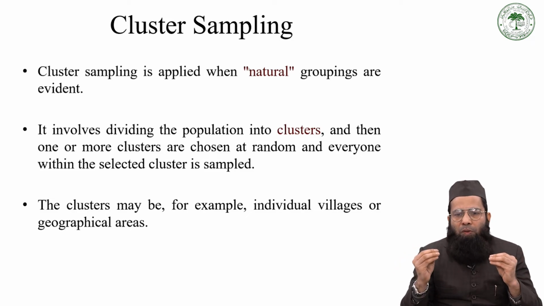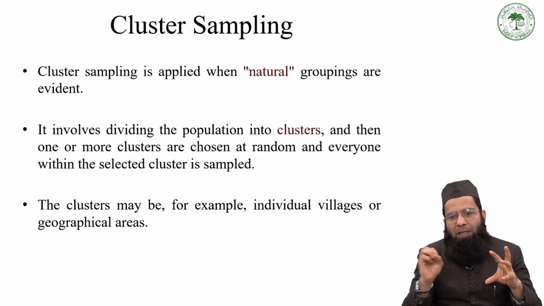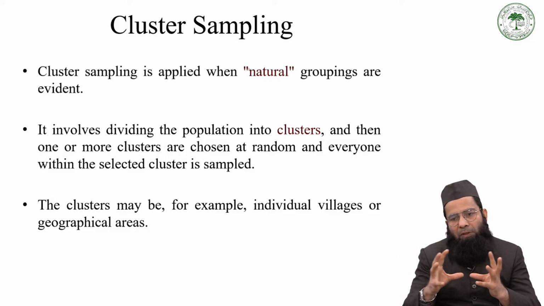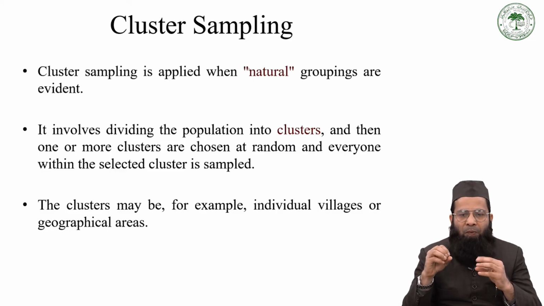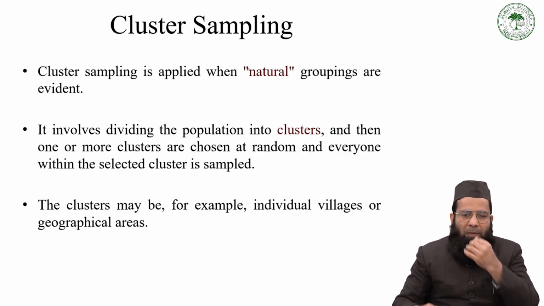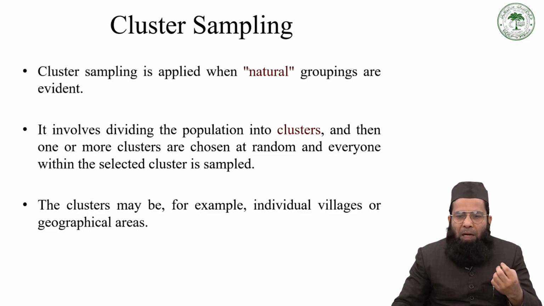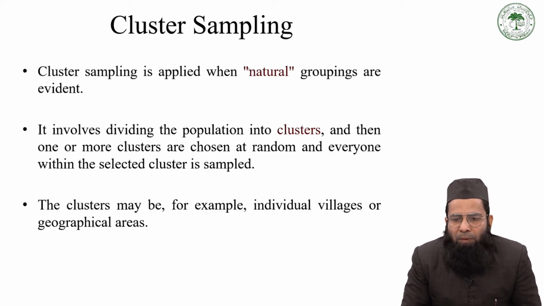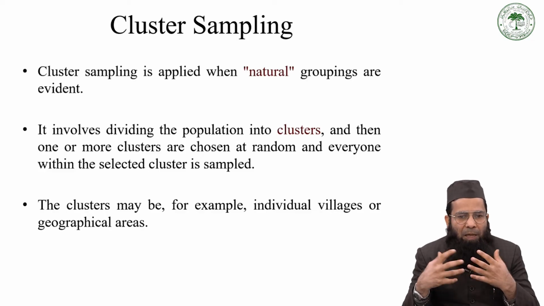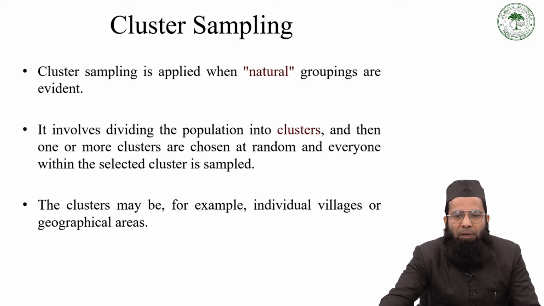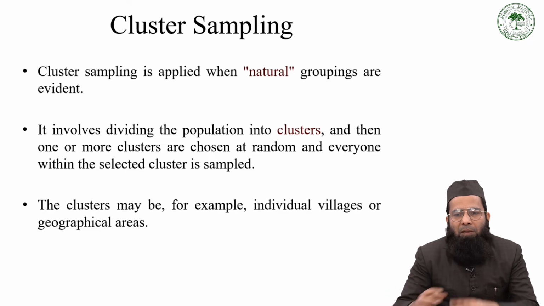Instead, we could use cluster sampling by dividing the country into clusters based on district or state. So we can divide the whole nation into different states and different districts as well. We then randomly select a few districts and survey every individual. This method can save time and resources while still providing a representative sample. So in this way we can perform the cluster sampling.